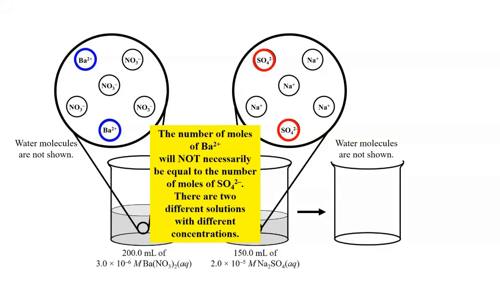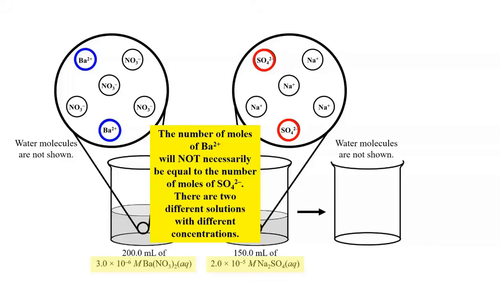Notice that even though the formula of barium sulfate is BaSO4, the number of moles of barium will not necessarily be equal to the number of moles of sulfate. And that's because they're coming from 2 different solutions with different concentrations. So the fact that barium is in one beaker and sulfate is in another beaker means that the number of moles of those ions do not have to be the same.